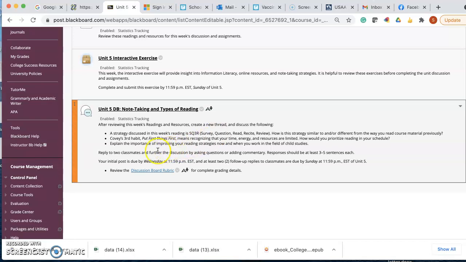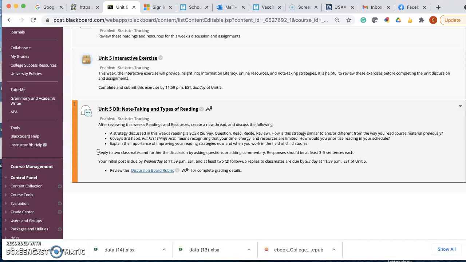This sentence right here is really important under the discussion board instructions. It says, reply to 2 classmates and further the discussion by asking questions or adding commentary. Responses should be at least 3 to 5 sentences each.